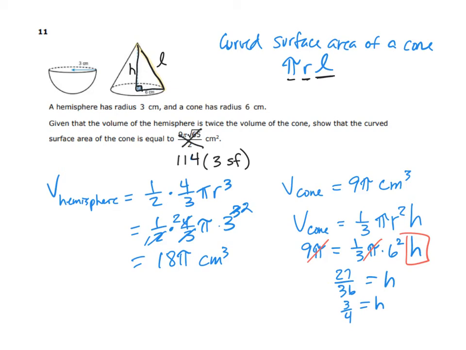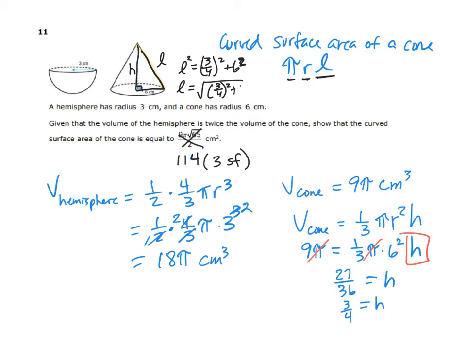Okay, so using Pythagorean theorem, that hypotenuse squared is going to be equal to h, which is 3/4 squared plus 6 squared. Okay, so that means L is equal to the square root of 3/4 squared plus 36. You can either write 36 or 6 squared, doesn't matter.